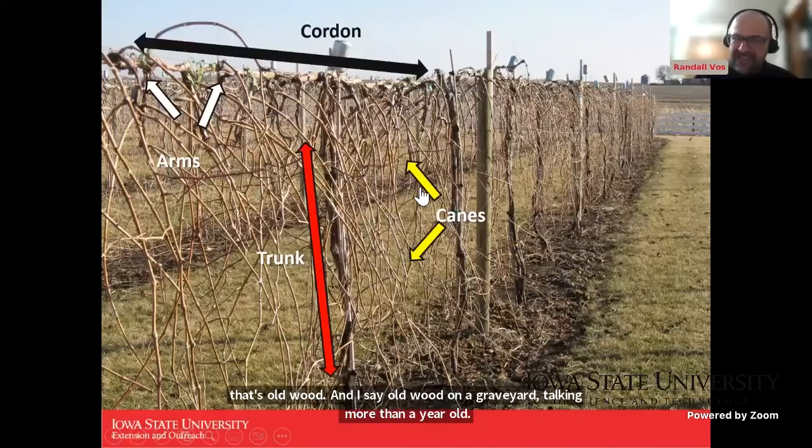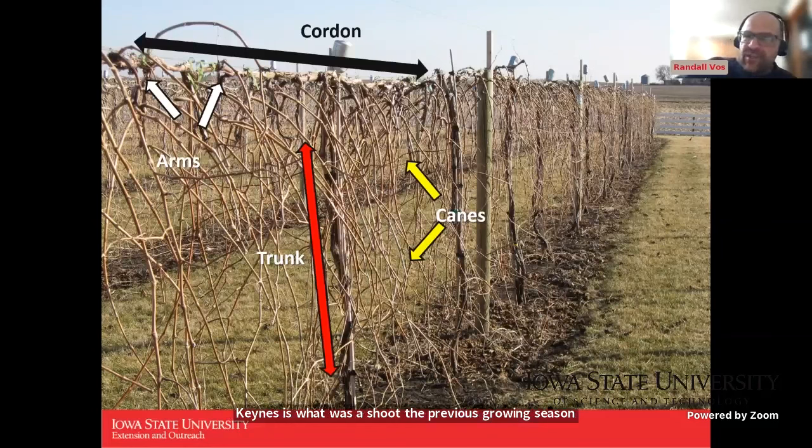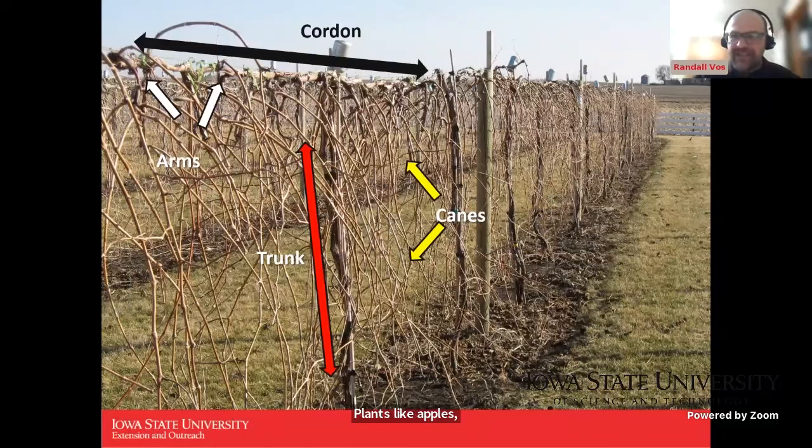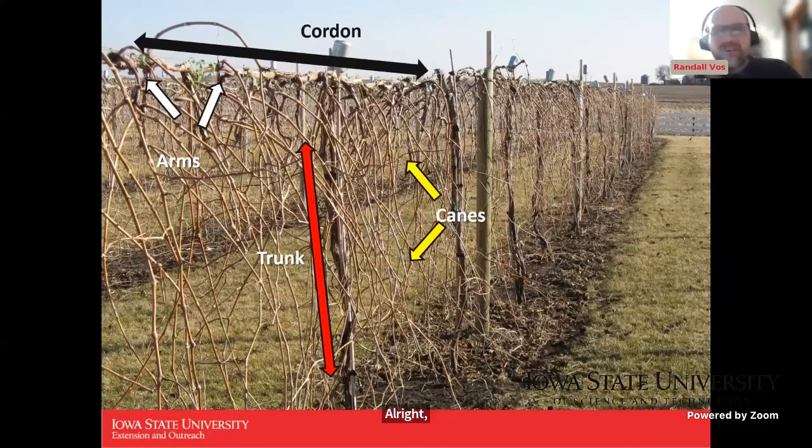Then we have canes, and canes is what was a shoot the previous growing season. Grapevines are a little different from other woody plants like apples, pears, and peaches, where we are very aggressive at pruning. We're taking like 95% of the canes off every single year because these plants will tend to overbear themselves if we don't. Where is a grapevine native to? It's in the woods, usually on the edge of the woods or fence rows.